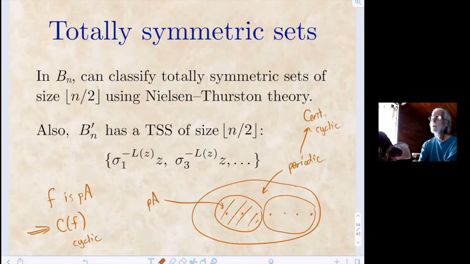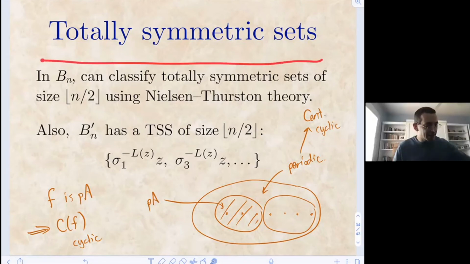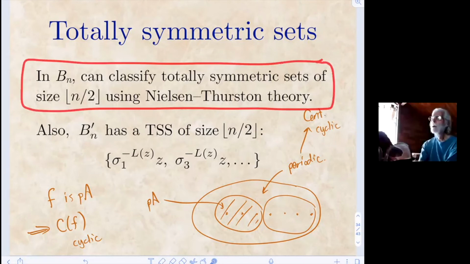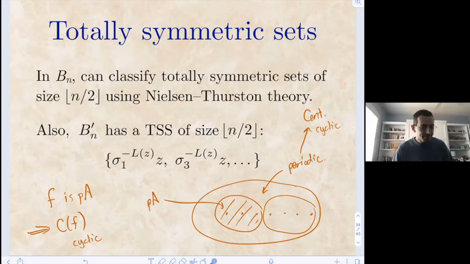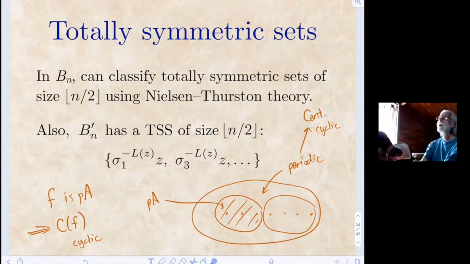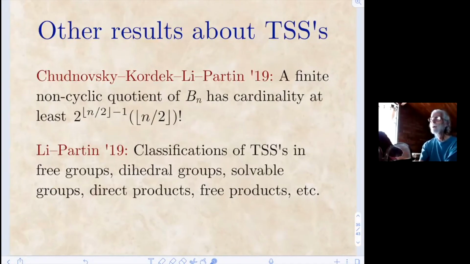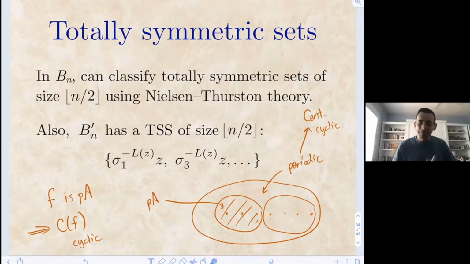And so this is actually kind of hard to do, not too hard, but it's using those ideas. So that's basically how the proof goes. I won't go into any more detail, but you classify these totally symmetric sets. That's the kicker, that you can classify them.